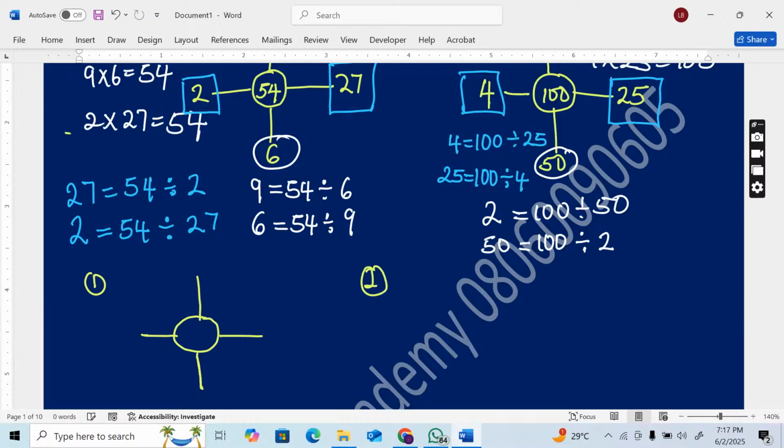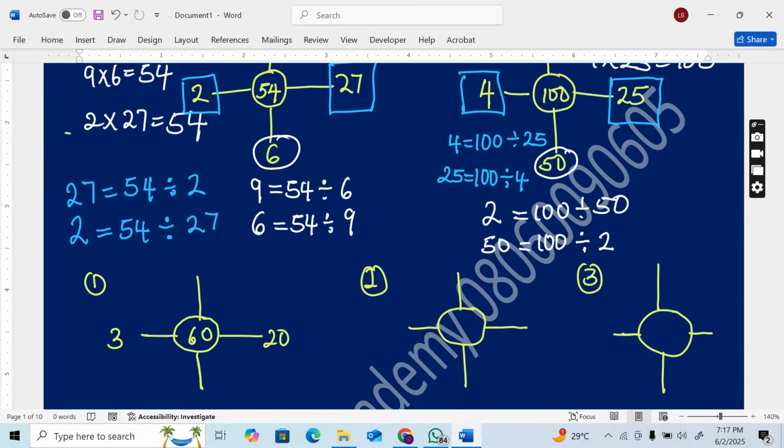Let's have number 2 right here. Okay. Then we have number 3 right here. All right. So let us fill in this. We need to fill in the missing number.